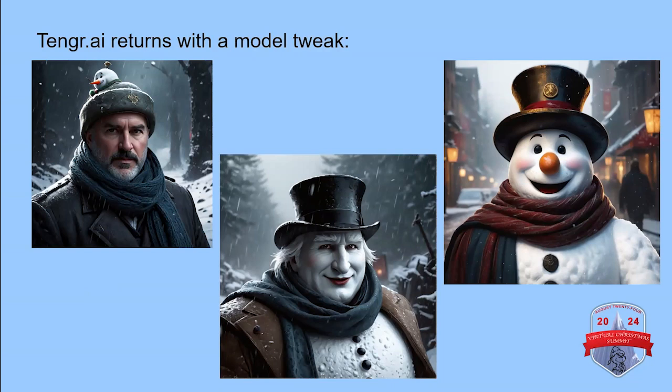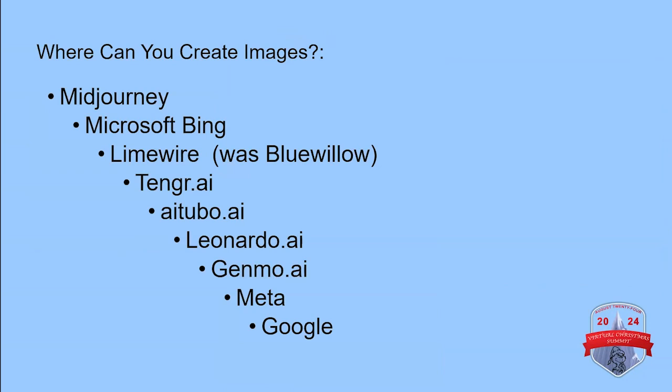So Tensor.ai, with that same prompt and one tweak, returned 3 drastically different images. And if I would have run it again, it probably would have returned 3 more drastically looking images. So if there's something that you think might work or you're not sure, save it, because sometimes it's hard to recreate it if you don't catch it while you've got it staring you in the face.